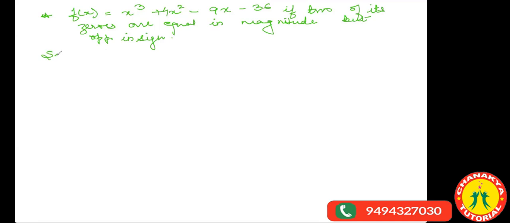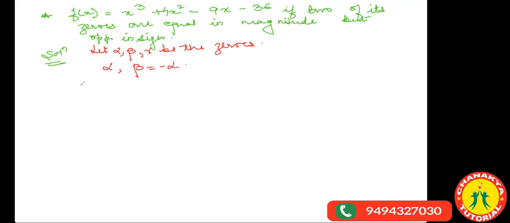Means two zeros are equal but opposite in sign. So let alpha, beta, gamma be the zeros. If one is alpha, then the value of beta will be minus alpha. Am I correct? Yes, ma'am.